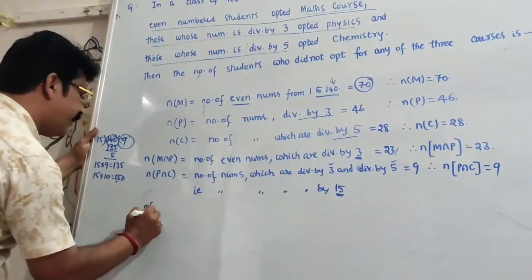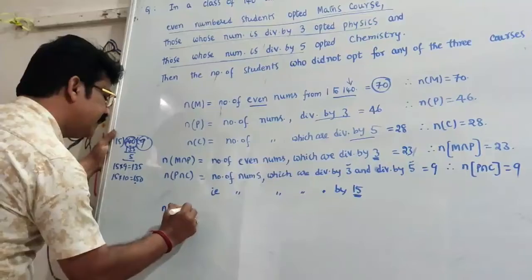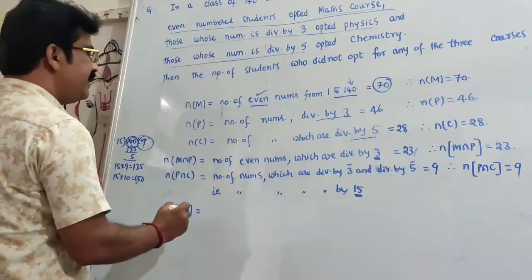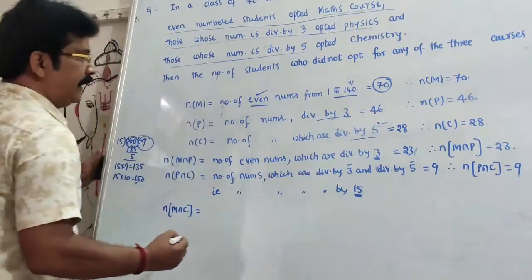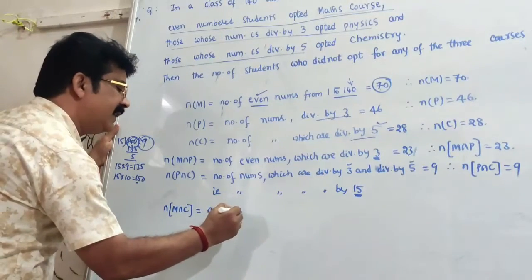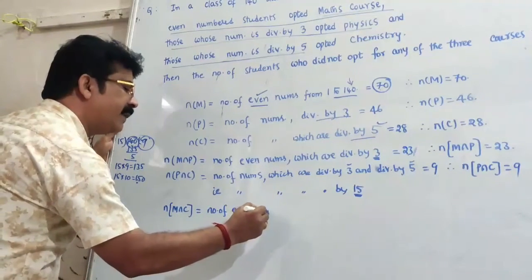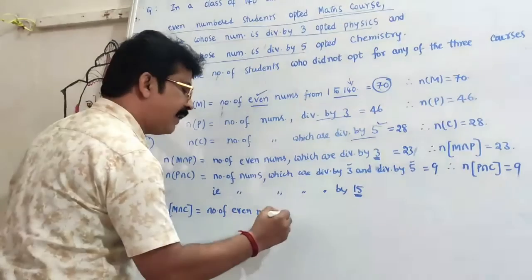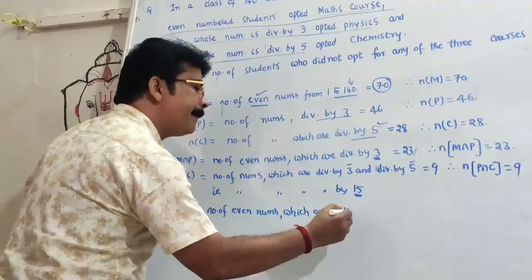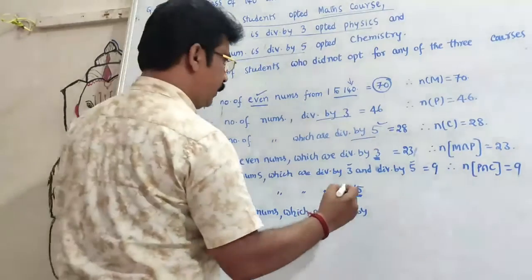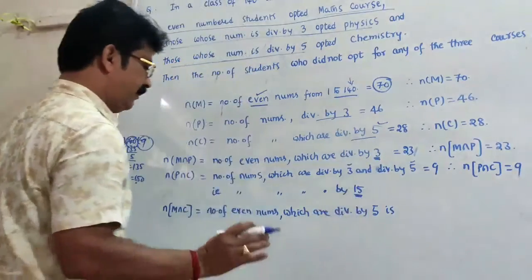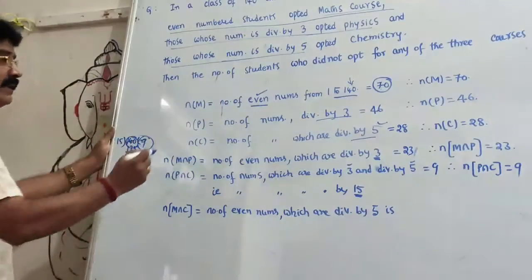Next, n of M intersection C. M means what? Even numbers. C means what? Divisible by 5. So the number of even numbers which are divisible by 5. Total even numbers, 70 are there.